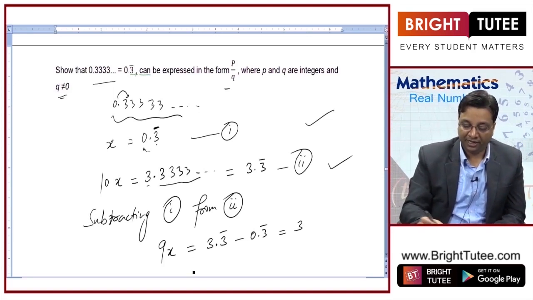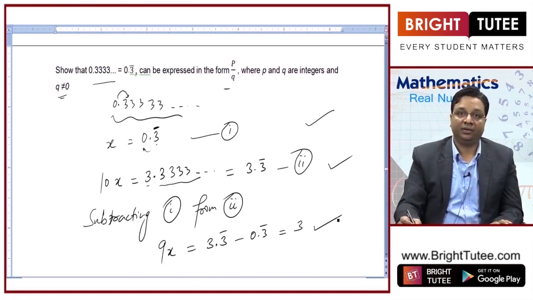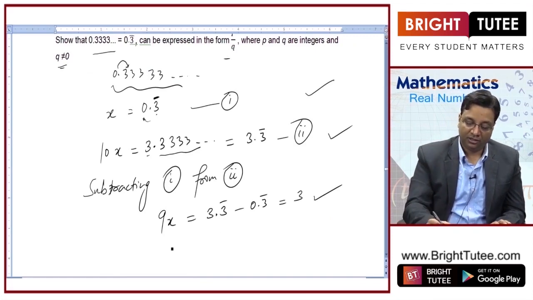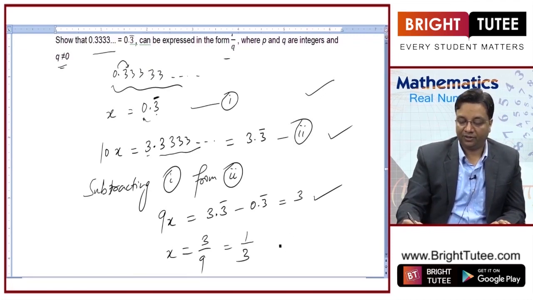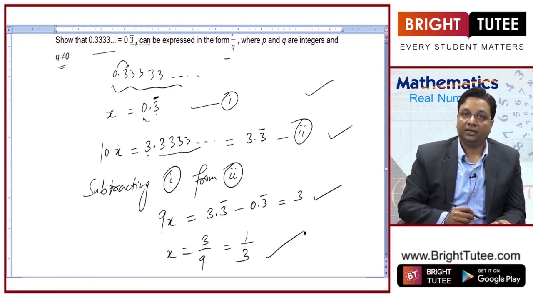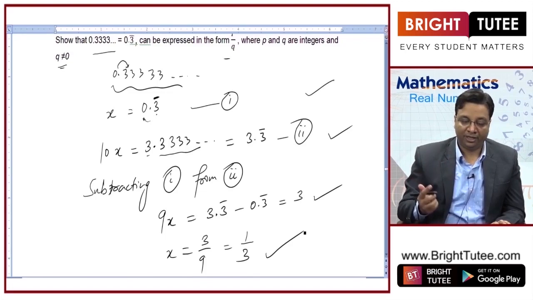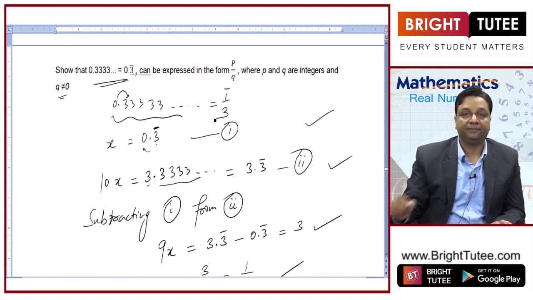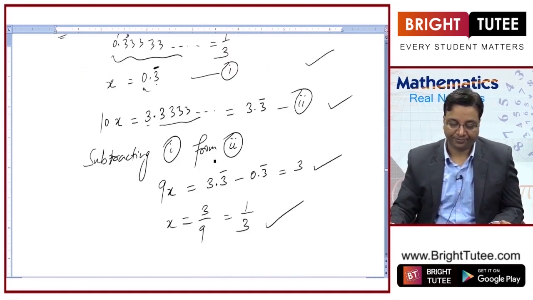Now once I subtract these, I will have a number without the bar, without the repeating block. So now x can be written as 3 by 9 or 1 by 3. So this is the expression in form of P by Q for this number, that is 1 by 3, right?